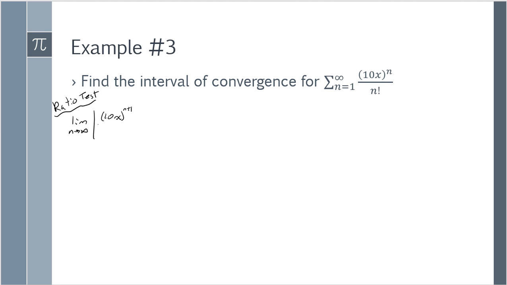Of 10x to the n plus 1 over n plus 1 factorial, and then n factorial over quantity 10x to the n. When I simplify this, I have the limit as n goes to infinity of the absolute value of 1 over n plus 1 times 10x. Well, as n is getting bigger and bigger, this is approaching 0. And 0 is always less than 1.